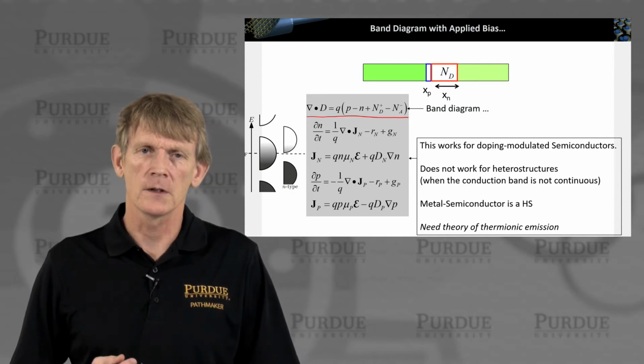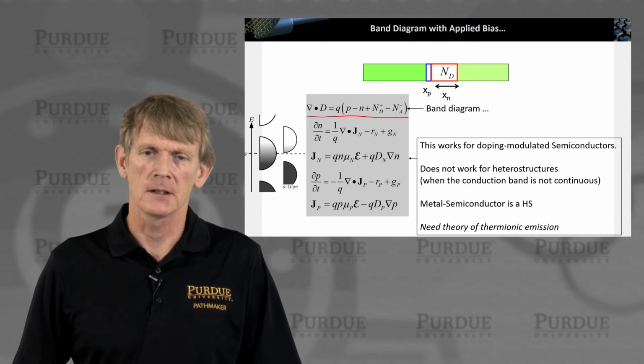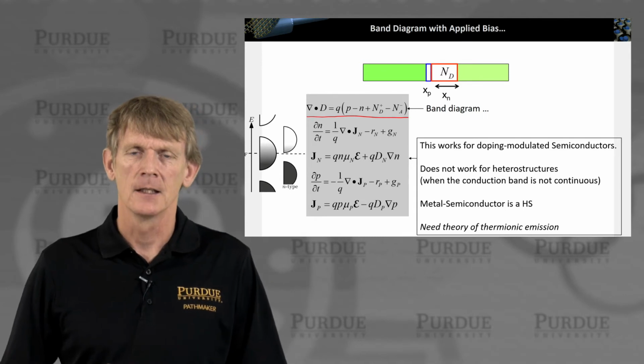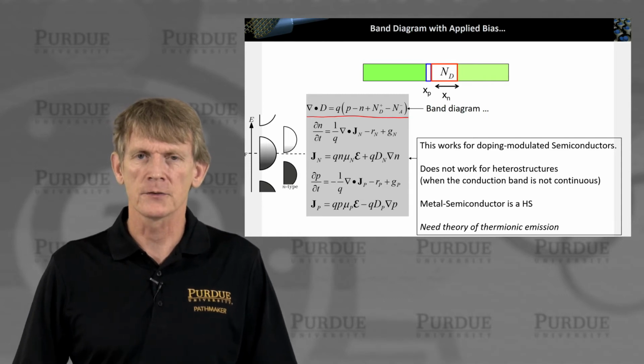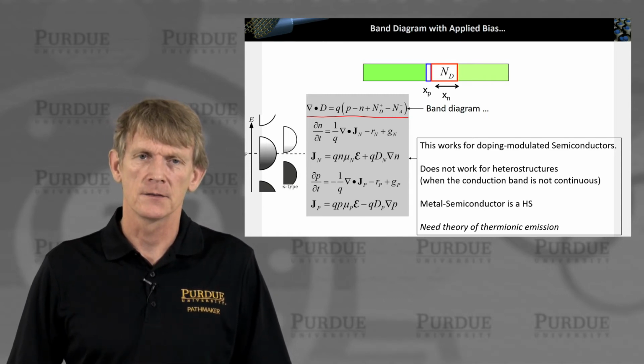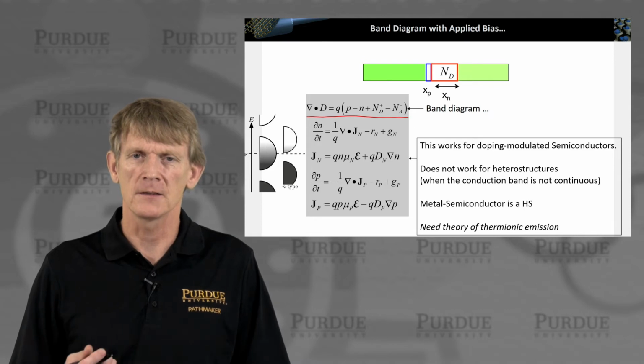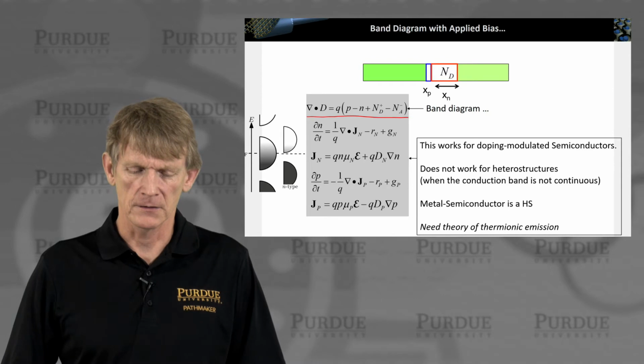They really deal with smooth electric fields and smooth band edges. And here we have a heterostructure, and we have to treat the current flow through this in quite a different way. And that way is actually very close to how we're going to treat semiconductor devices in today's devices, where you have electron flow that's ballistic in these devices.